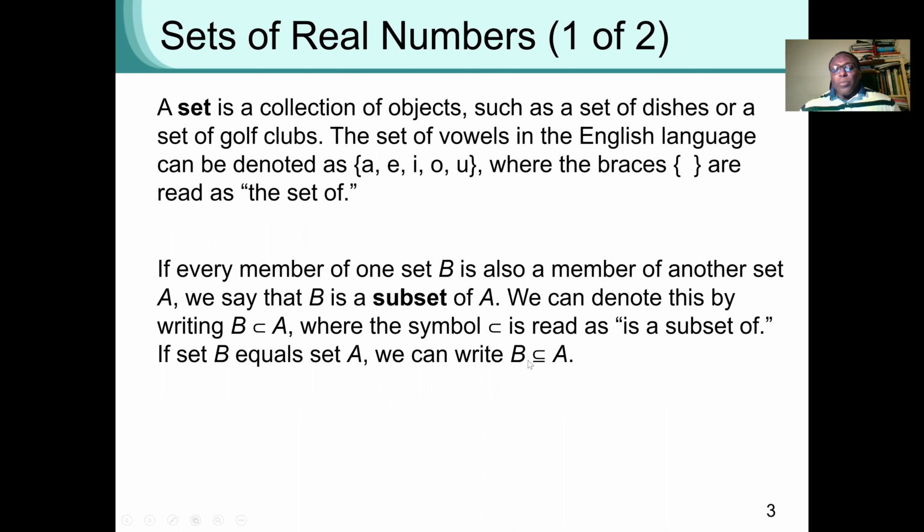So an example here will be B is a subset of A.